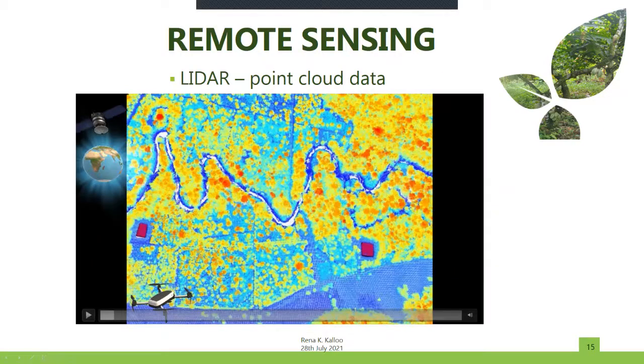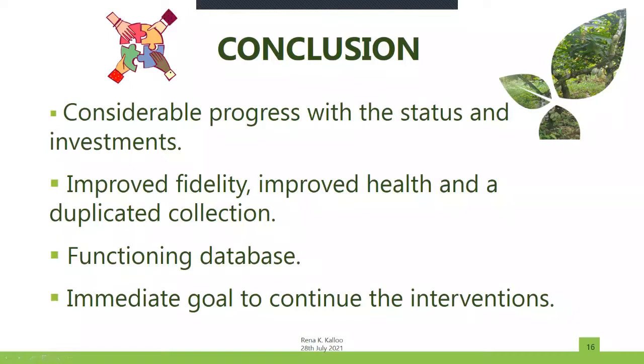So how do we bring this all together? Even though we experienced some delays due to the restrictions, we're currently in a restriction period right now, we have made considerable progress with the status and the investment needed to renovate the collection. We've been able to improve the fidelity within the collection.